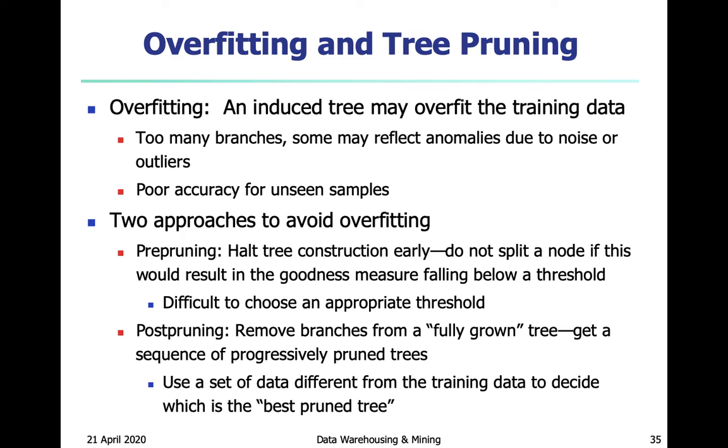There are two approaches to avoid this overfitting. One is pre-pruning, which stops growing the tree earlier, before it perfectly classifies the training set. The other is post-pruning, which allows the tree to perfectly classify the training set and then post-prunes the tree.